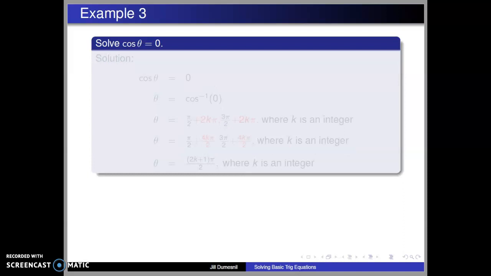Let's consider a similar problem and solve the equation cosine theta equals 0. Although this problem looks very similar to the previous one, there are some important differences we must consider. We start with the given equation, and we could write that theta equals the inverse cosine of 0, but the inverse cosine function will only produce one value.